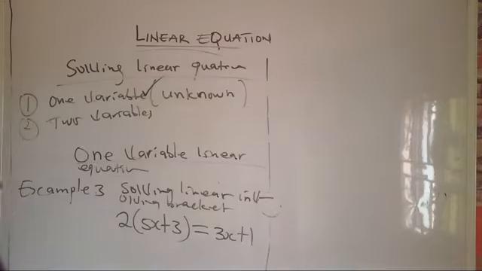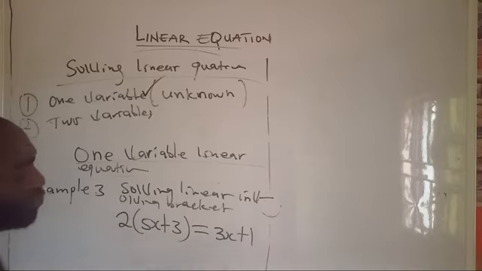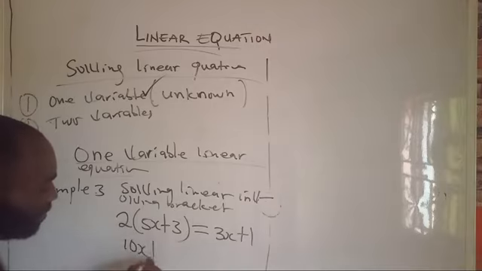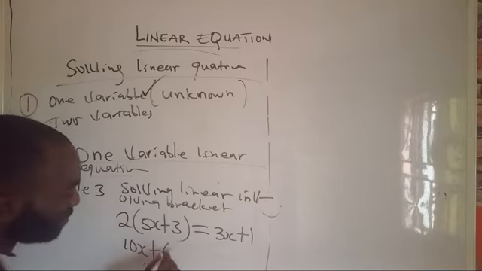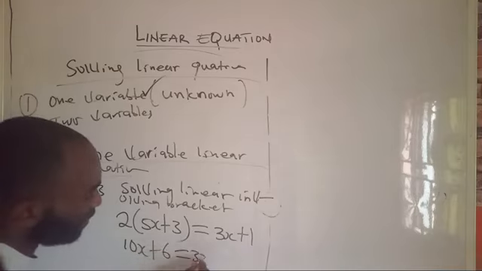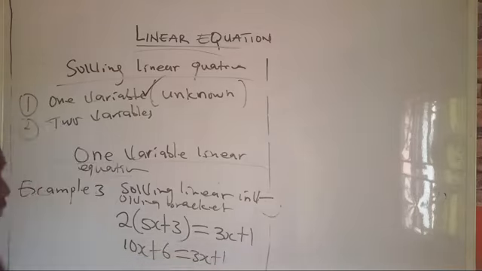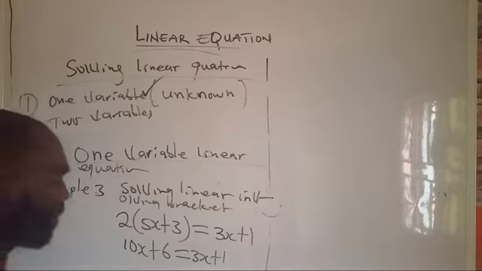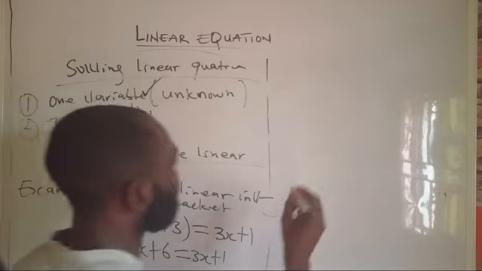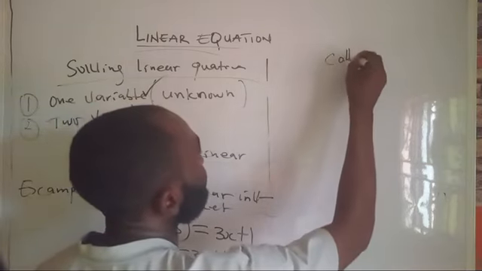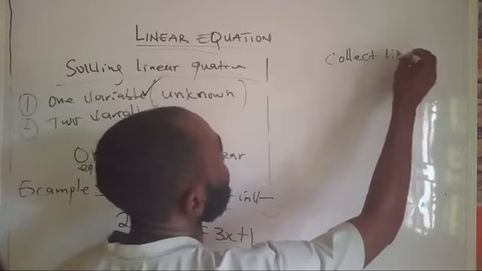So before we can solve this kind of linear equation, we are going to open the bracket first. So 2 times 5 gives us 10x, 2 times 3 gives us 6, is equal to 3x plus 1. With this we can still collect like terms.